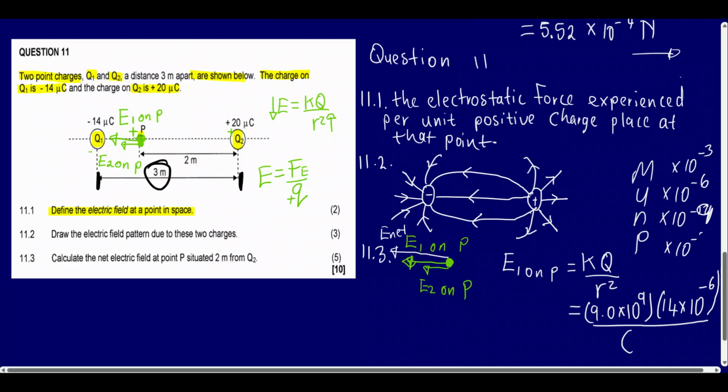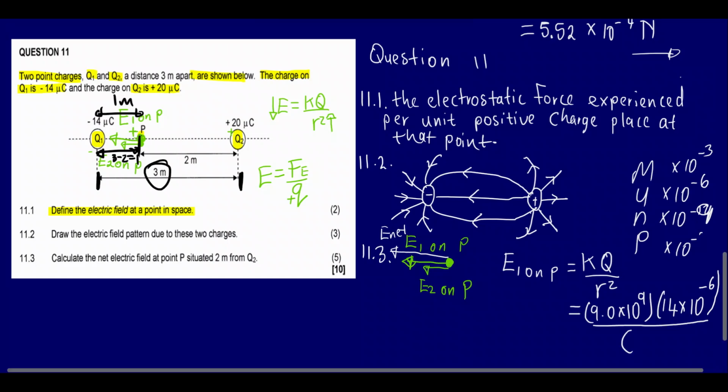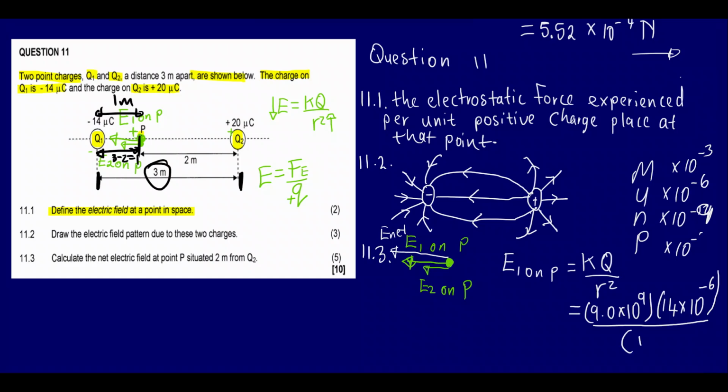We have the total distance from here to here, which is 3 meters, and to work out this small distance, we must substitute the distance between the charge and the point we are calculating the electric field for. So the distance here is 3 minus 2, which is 1 meter. So we substitute that as 1, then we square it. So let's punch it on the calculator and get the answer.